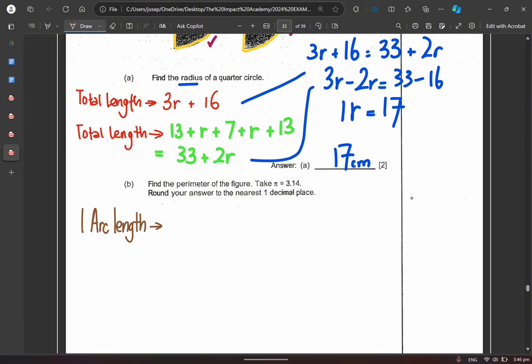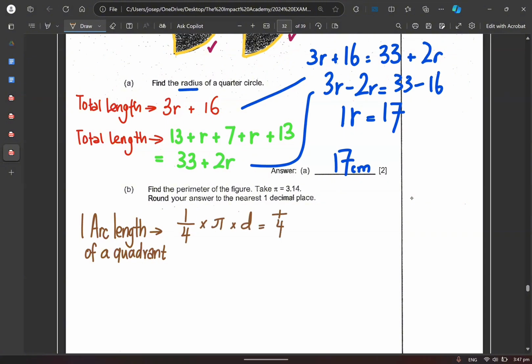When it comes to the arc length of a quarter circle, in fact, I will write a quadrant, which basically means I will start with 1 over 4 times pi times d. So I just want to do 1 over 4 times 3.14 times the diameter.